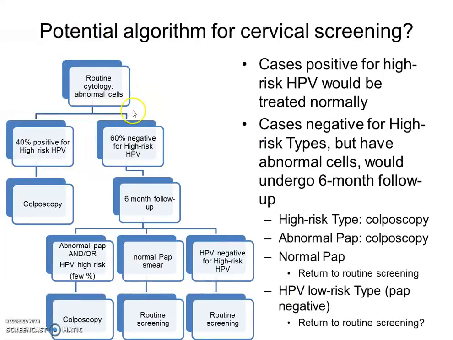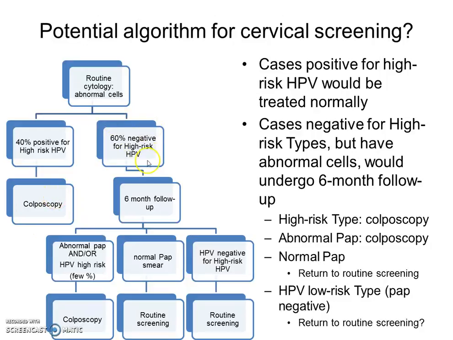So you have an algorithm like this where you do routine cytology, see some abnormal cells. If they are high risk for HPV, perform colposcopy, so that's close examination of the cervix and maybe biopsy or treatment.